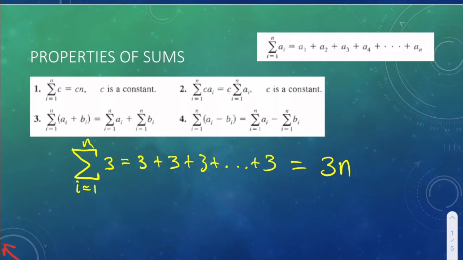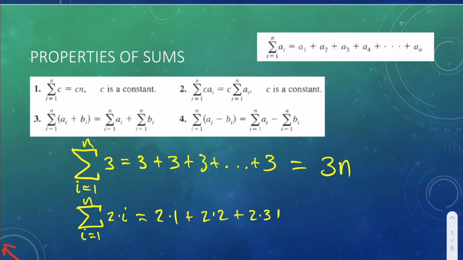In the second case here, notice we have an expression that looks like this. And I'm going to give you an illustration. So i is equal to 1, and we're going to the nth term. And let's say we're just talking about 2 times i. Isn't that going to expand out this way, where that's going to be 2 times 1 for the first term, and that added to 2 times 2 for the second term, and that's going to be added to 2 times 3, and keep on going until we get to 2 times n.